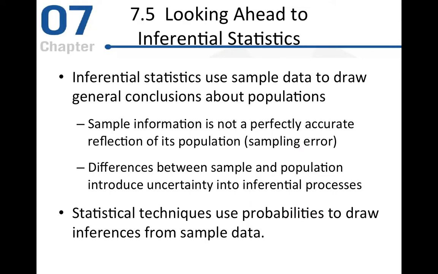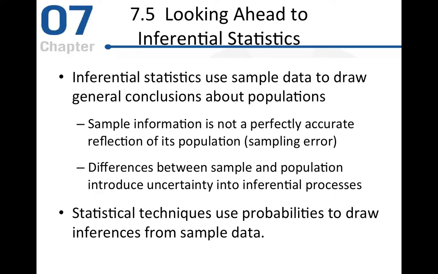Okay, so then bringing it all together and really thinking about what we're doing, why it matters, how we're going to apply it. Inferential statistics use sample data to draw general conclusions about the population. Oftentimes we don't know the specifics about the population. So sample information is not a perfectly accurate reflection of its population.